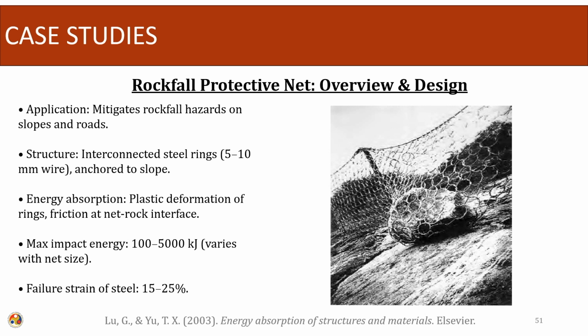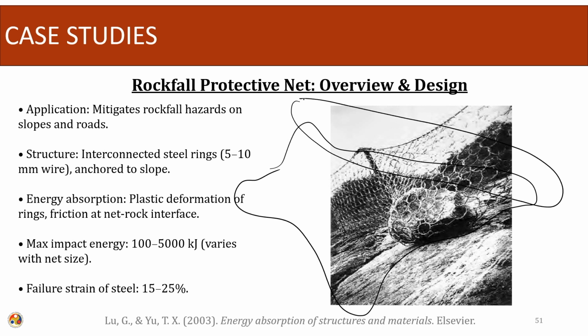So, one more example of this type of system is for rockfall. What happens? If we travel by road in any hilly regions of our country, the north and northeast regions consist of the Himalayas, which are relatively new mountains.